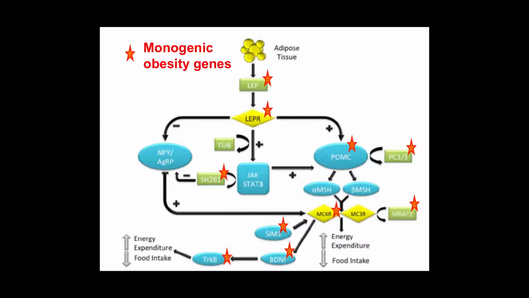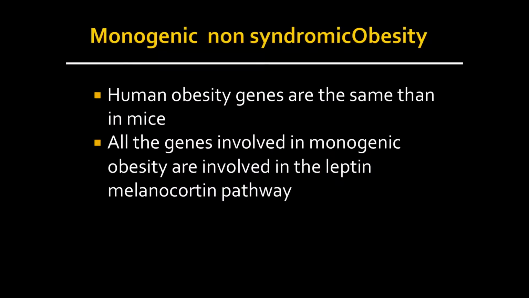Each of these genes, when mutated, can lead to about the same thing, extreme obesity associated with hyperphagia. But we will see that it's not so simple. So human obesity genes are the same as in mice, and all the genes, with no exception so far, though there may be in the near future, are involved in the leptin-melanocortin pathway.